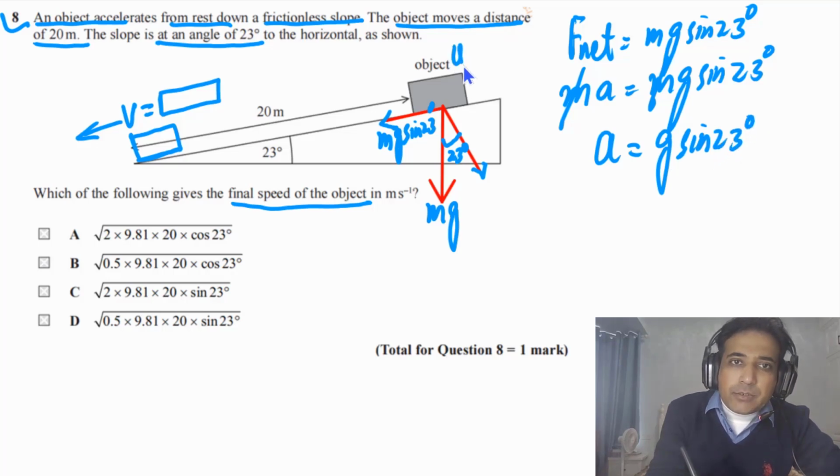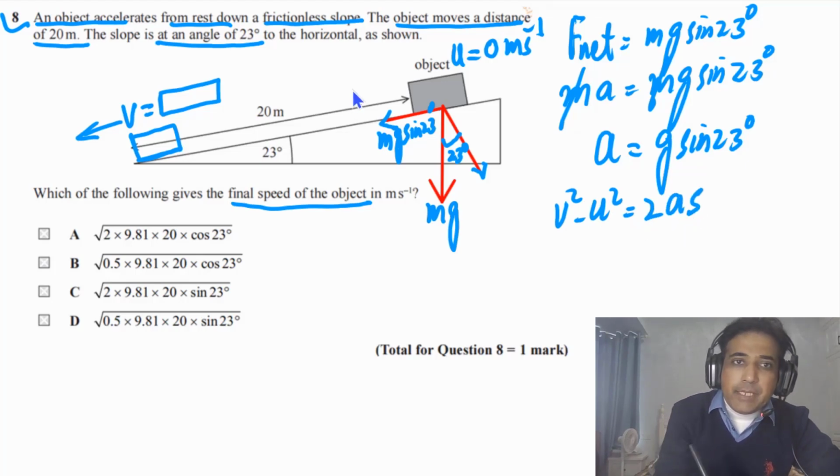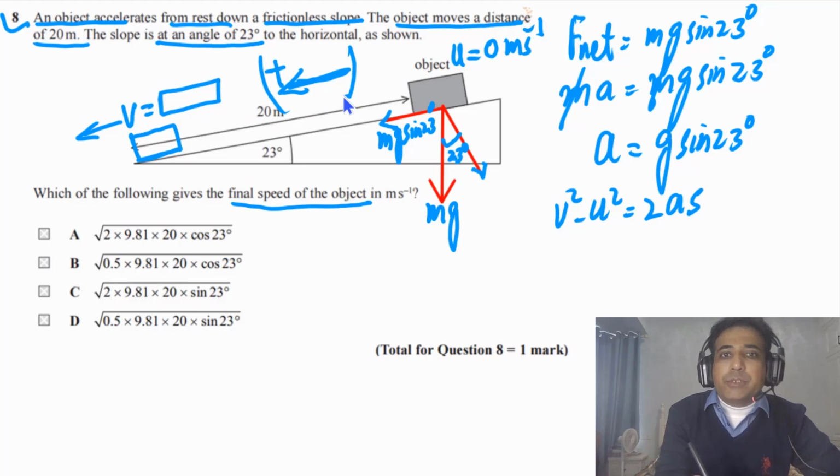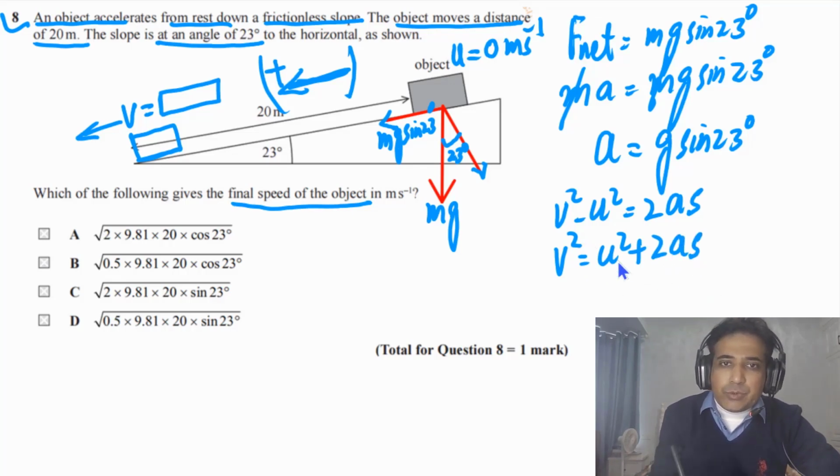This object started from rest, so u is equal to 0 meters per second, and acceleration is constant, so we can write v squared minus u squared equals 2as. Here we take down the plane as the positive direction, so v squared will be equal to u squared plus 2as. u is equal to 0.